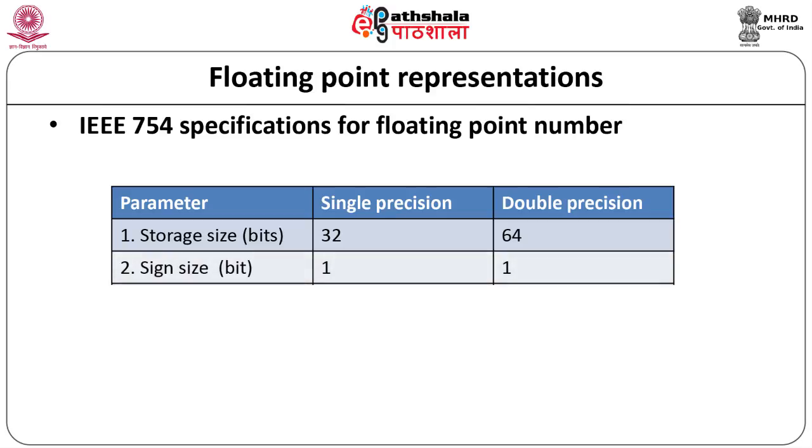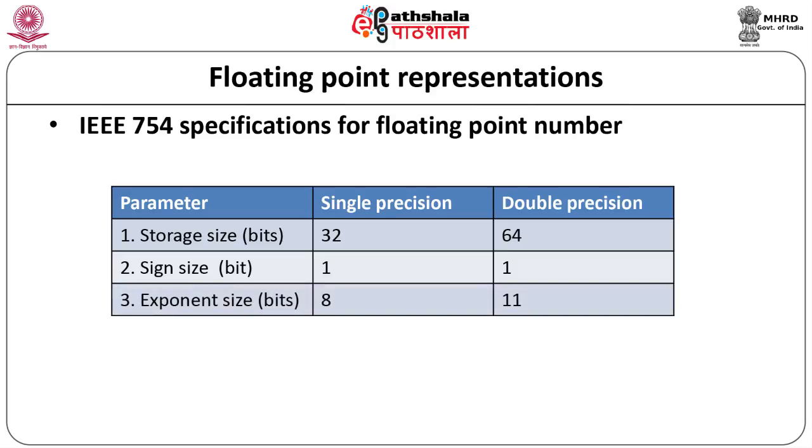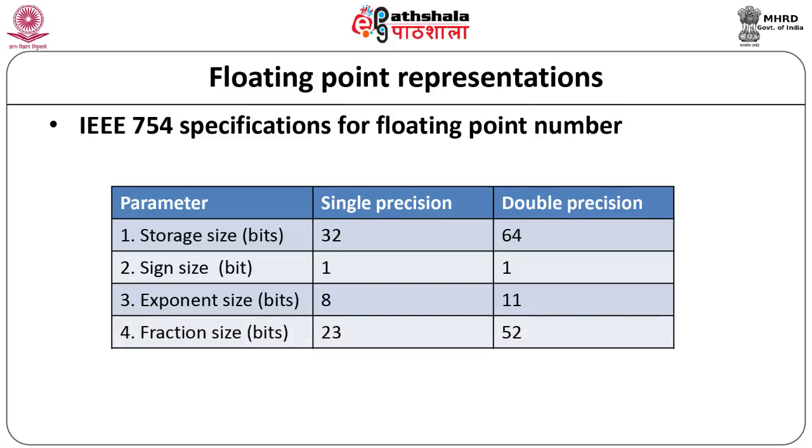Out of the n bits, that is 32 or 64 bits for a single or double precision standard, 1 bit is reserved for sign bit. The number of bits for storing the exponent is 8 bits for single precision and 11 bits for double precision numbers. 23 bits and 52 bits of storage are required for storing the fraction part of a single precision and double precision numbers respectively.